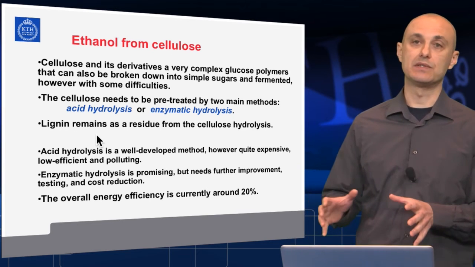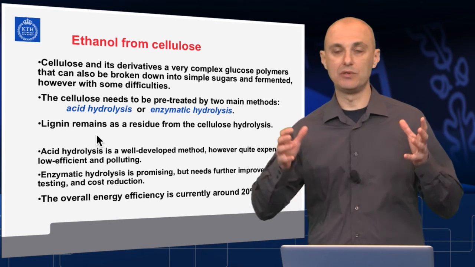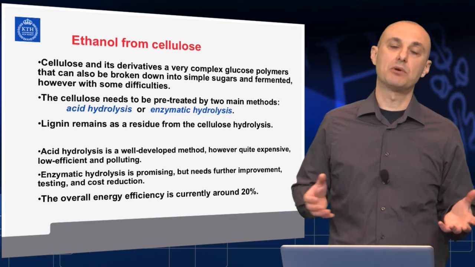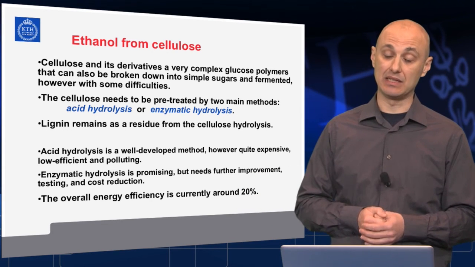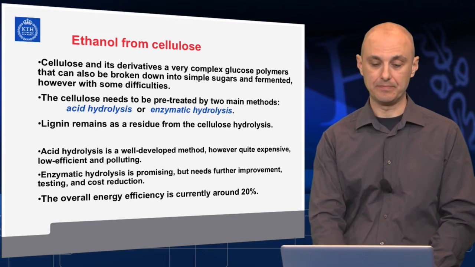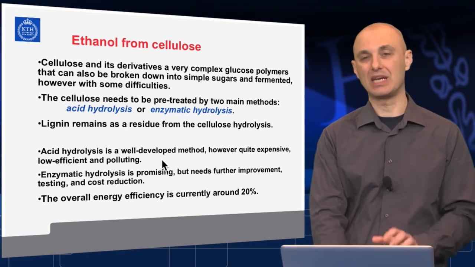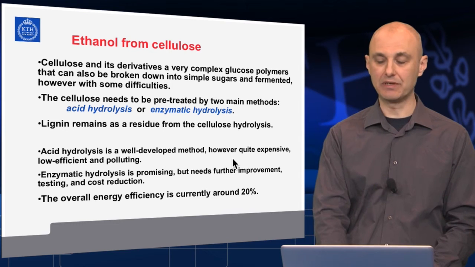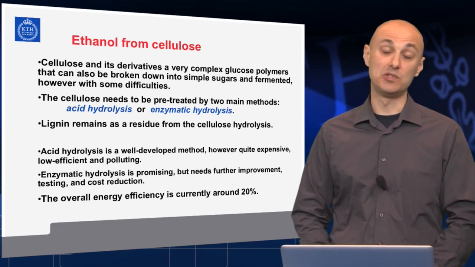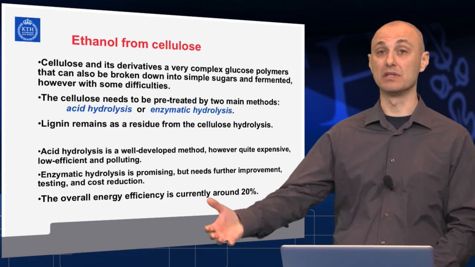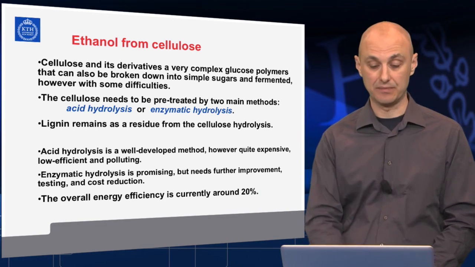Lignin always remains as a residue. It cannot be used for anything, but it can probably be burned or digested in a biogas digester. Anything of that sort is possible. The acid hydrolysis is a kind of a well-developed, however, not really cheap, quite low efficient and super polluting. You have an effluent in the end that you should treat.